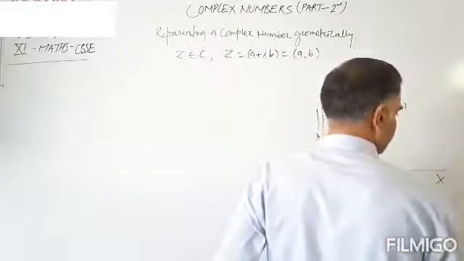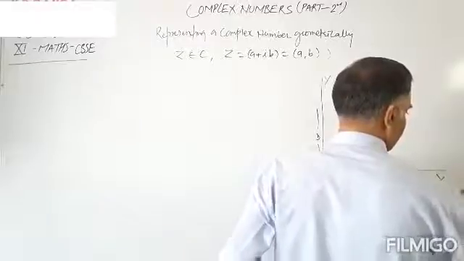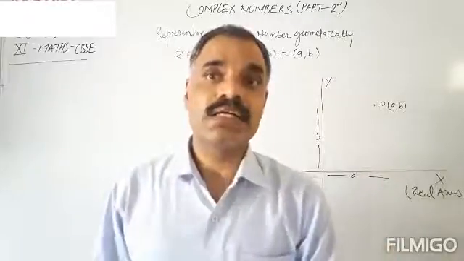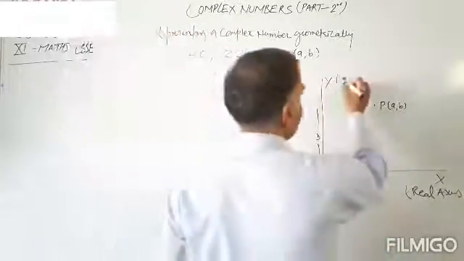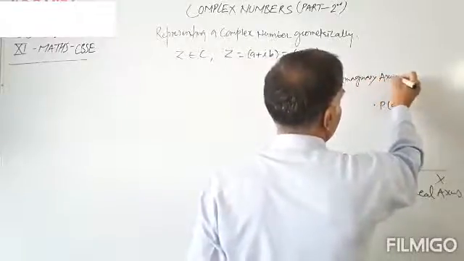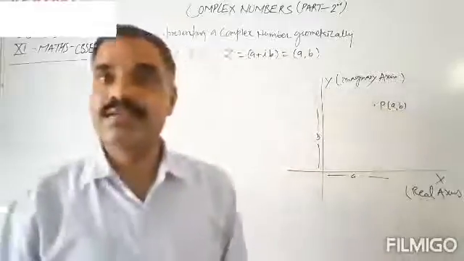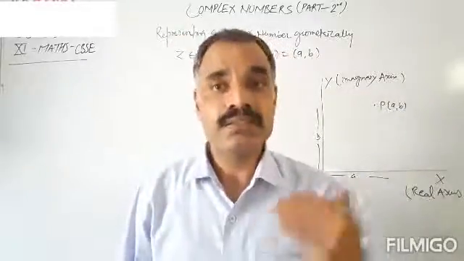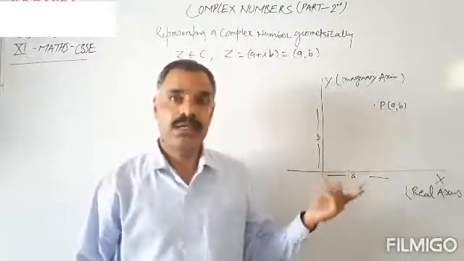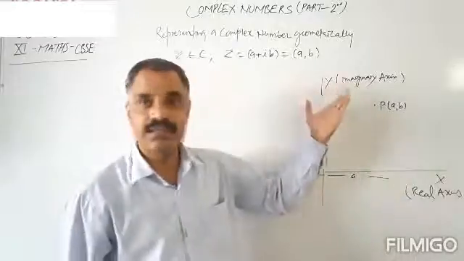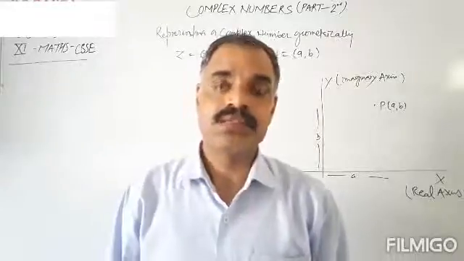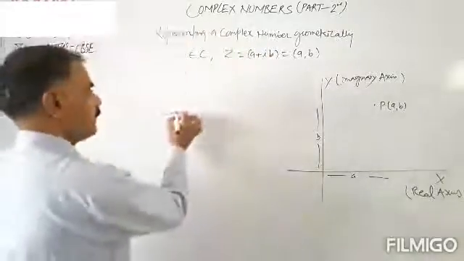The imaginary part b is located on the y-axis, that is why the y-axis is said to be the imaginary axis. Ultimately, this plane having the real axis and imaginary axis and representing the complex number is said to be the complex plane.